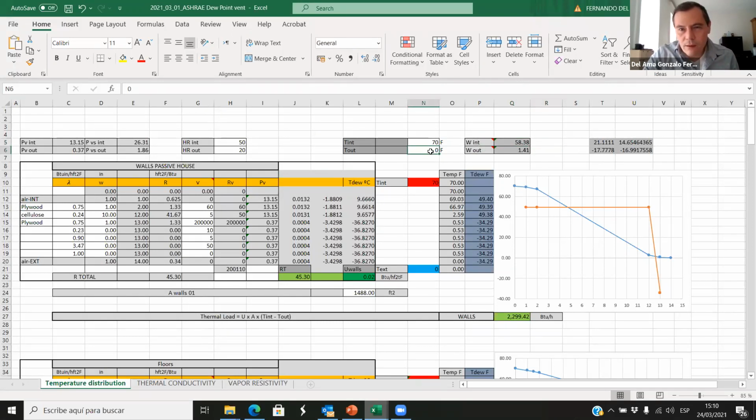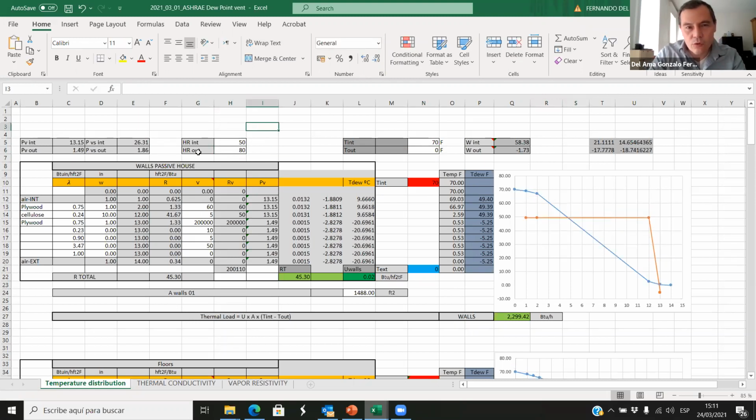If we are working with 0 Fahrenheit and a relative humidity of 20, let's say, imagine that it's raining and we have a high outdoor relative humidity, about 80. The wet bulb temperature is -17. With this, it is more likely that we make a mistake, because when we have negative numbers, things get messed up.